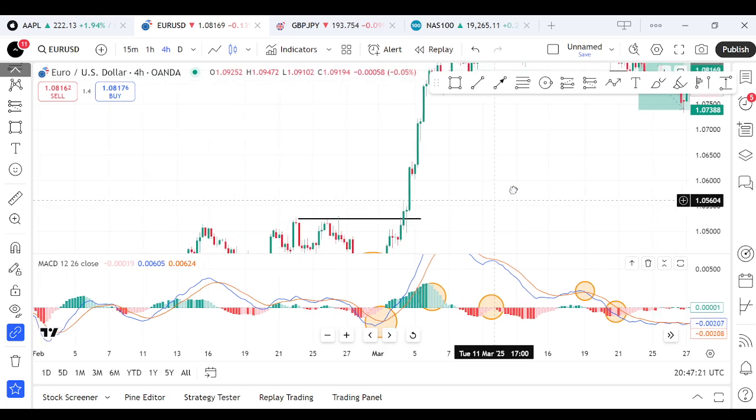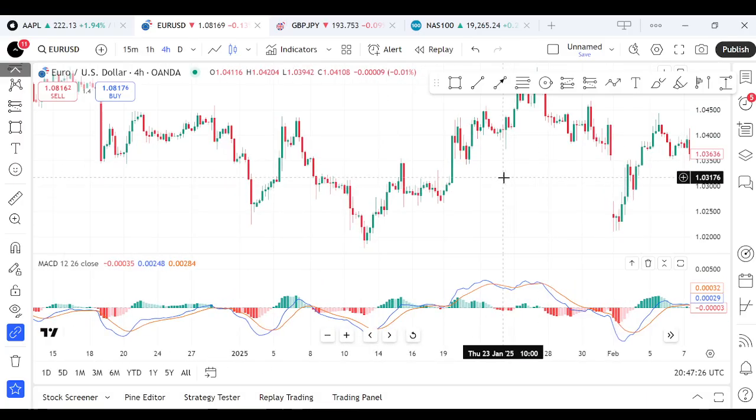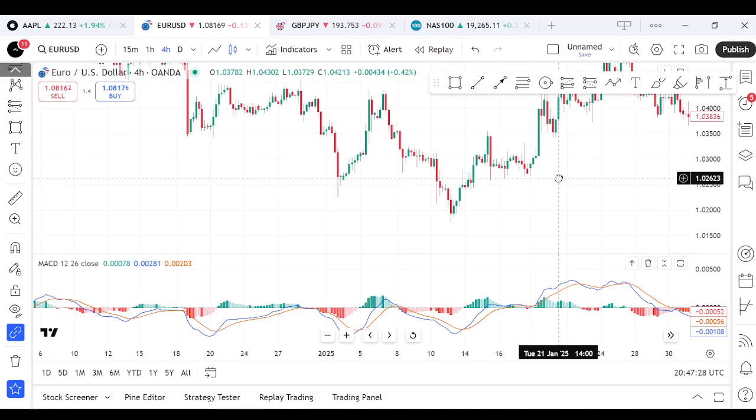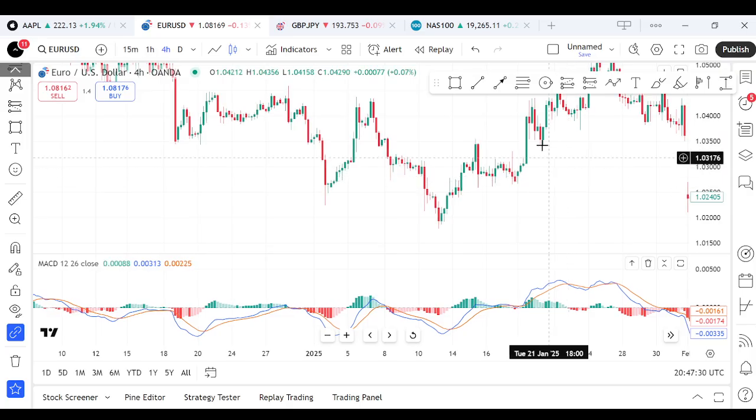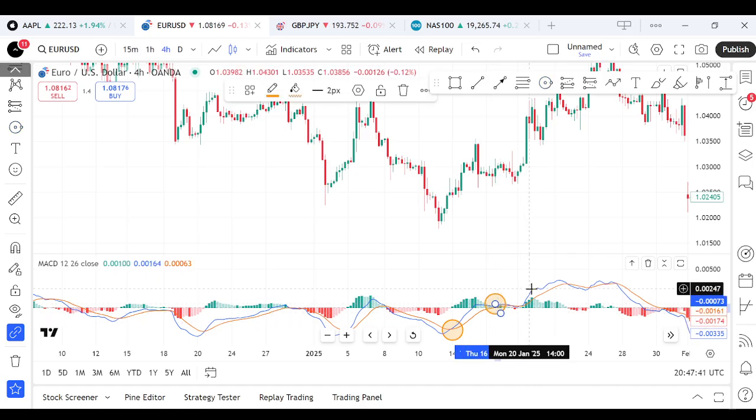All you have to do is ensure that all three steps and criteria outlined here are all met before you take any trade. Here you can see we have this crossover and you can see the MACD line and the signal line going above zero.